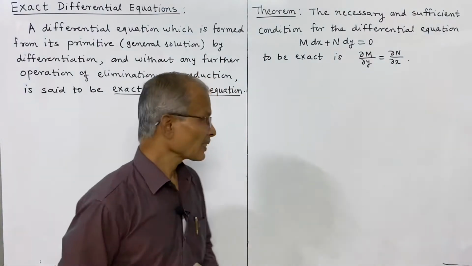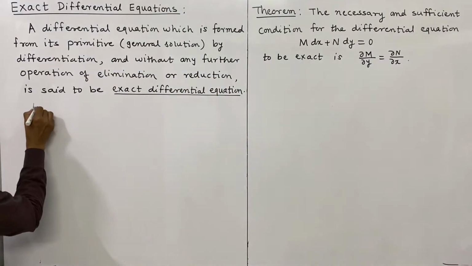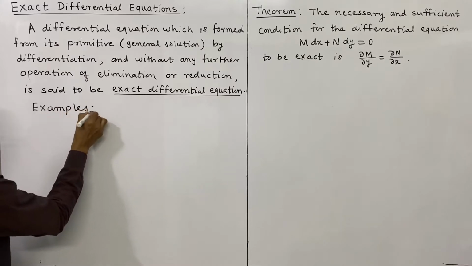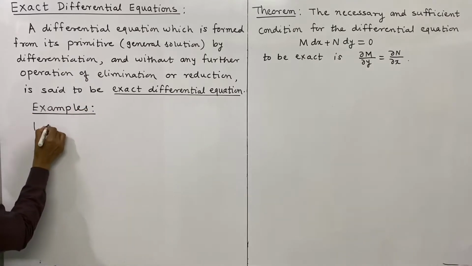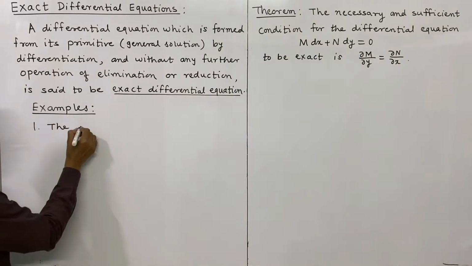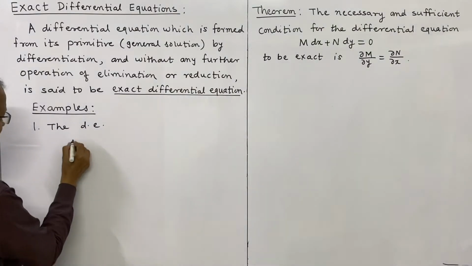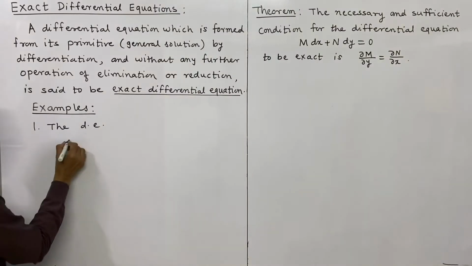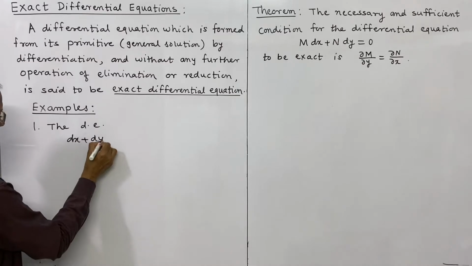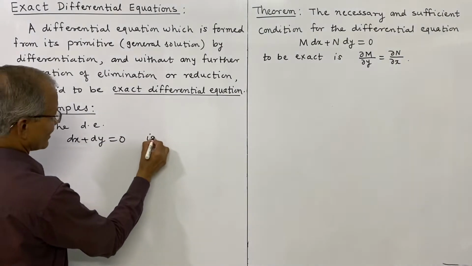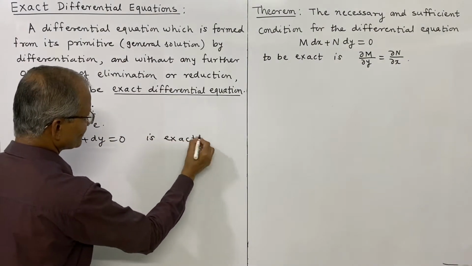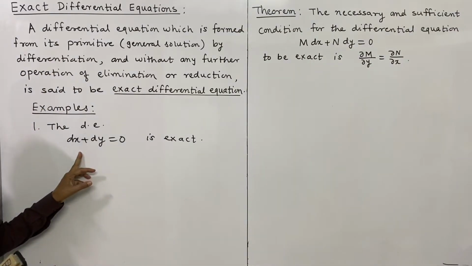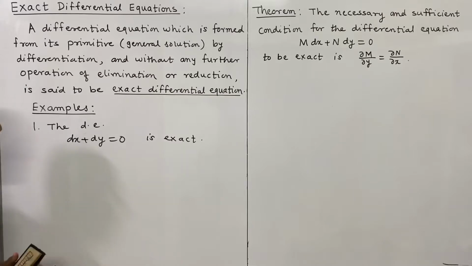For example, if I consider the differential equation, we shall consider the simple equation dx plus dy is equal to 0. It is exact. So why is it exact? Because it is obtained by differentiating the relation x plus y.